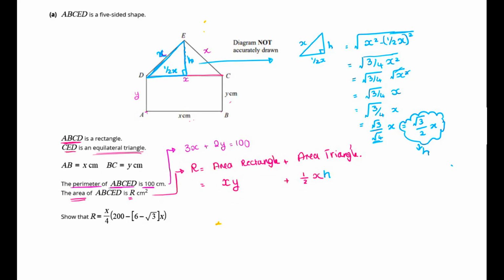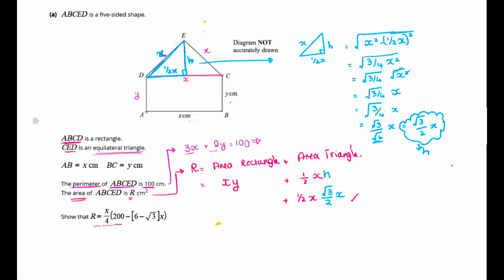Now let's replace it in the equation. So I've got plus 1/2 x, and instead of h, I'm going to replace that with root 3 over 2 x. Now, notice over here, if I look back at xy, so I've just done this, it's all in terms of x, but if I look over here, I've got a y, and when I look at the show that, I don't have a y. So let's rearrange my equation over here, 3x plus 2y, to make y the subject.